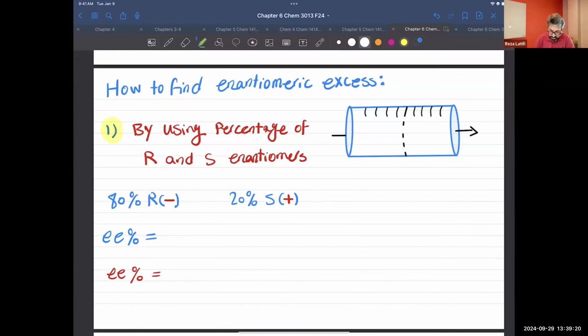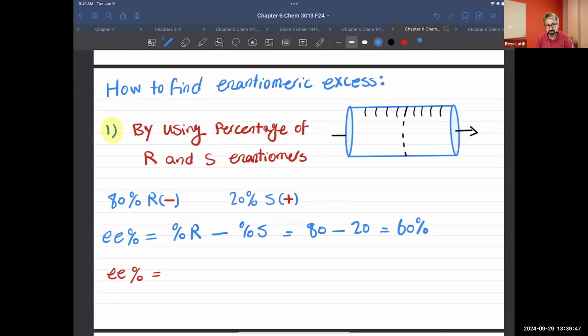The percentage of enantiomeric axis, just simply take percentage of R, minus the percentage of S. So you go 80 minus 20, that's going to give me 60%. So I have the percentage of the enantiomeric axis equal to 60%.